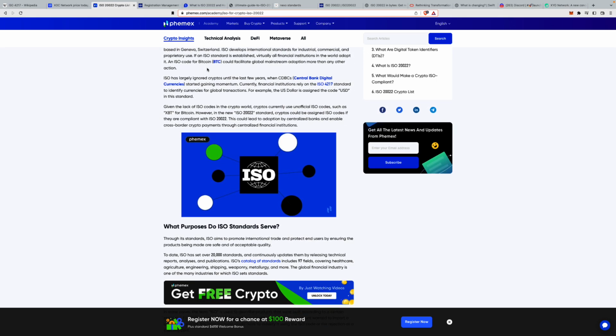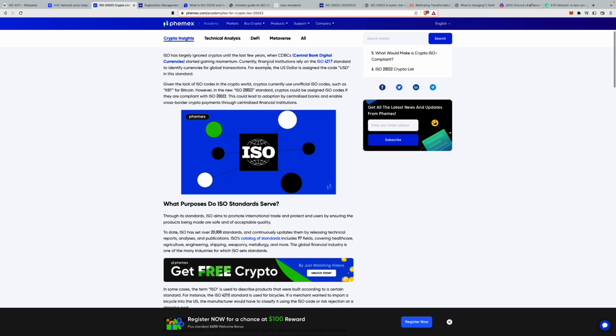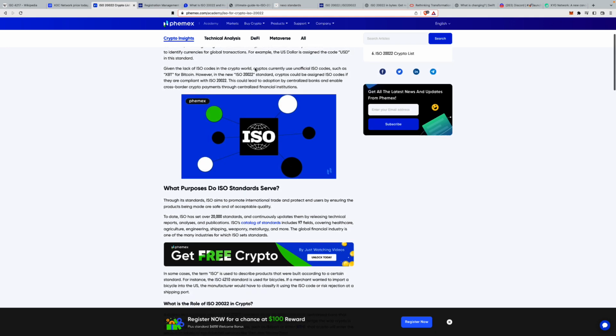An ISO code for Bitcoin, BTC, could facilitate global mainstream adoption more than any other action. ISO has largely ignored cryptos until the last few years when CBDCs started gaining momentum. Currently, financial institutions rely on the ISO 4217 standard to identify currencies for global transactions. For example, the US dollar is assigned the code USD in the standard.